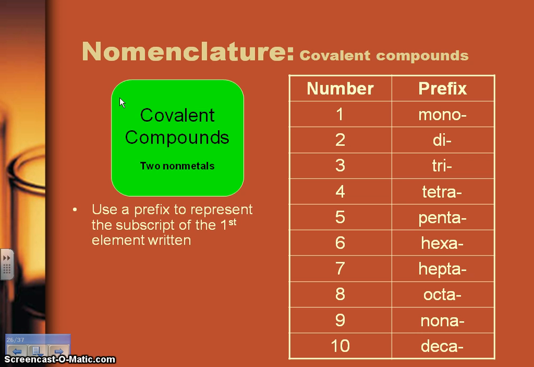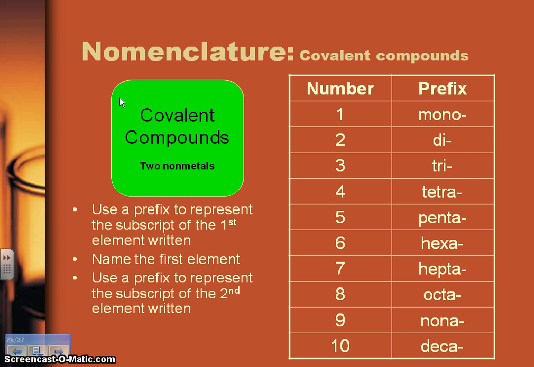Now, the rules for writing covalent compound names is to use a prefix to represent the subscript of the first element written. If the first element only has one of the atoms in the formula, you do not need to use the prefix mono for the first element written. Once you write the prefix, you're going to then name the element.